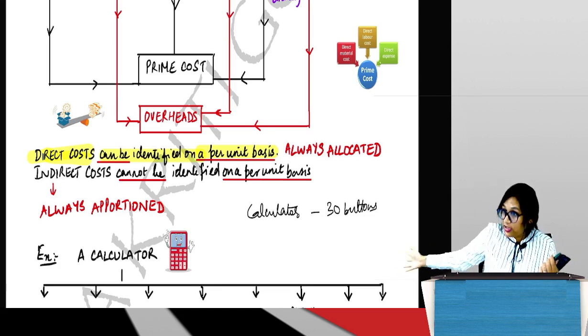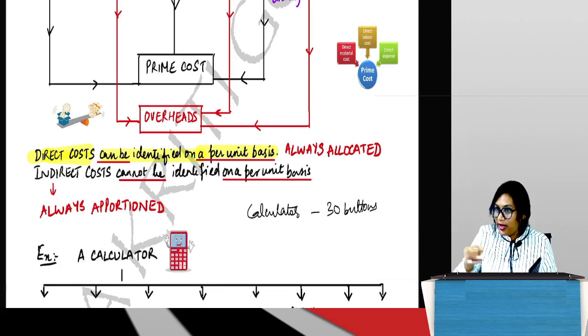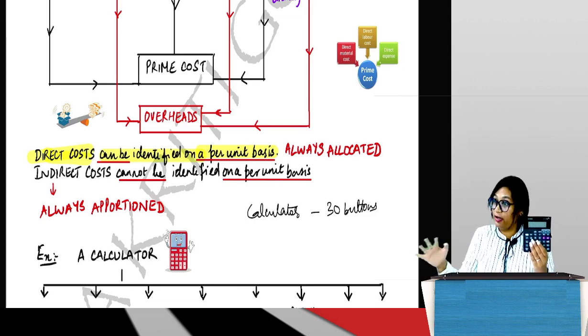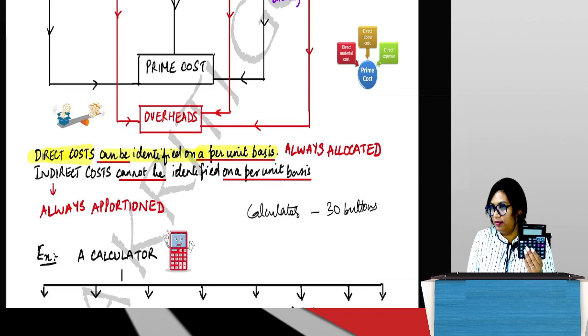You have to do so much calculation, right? So when you look at that cost, rent, can you identify that with this one unit of calculator? You have to do a lot of calculations, then you can identify it, correct?